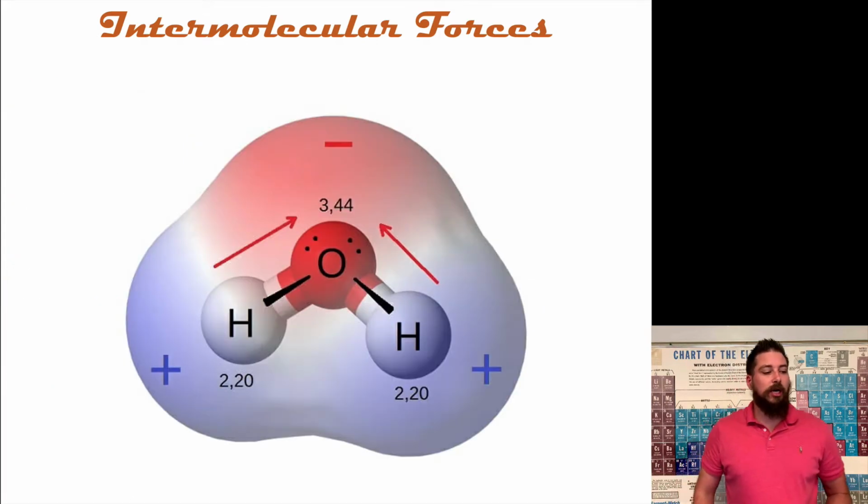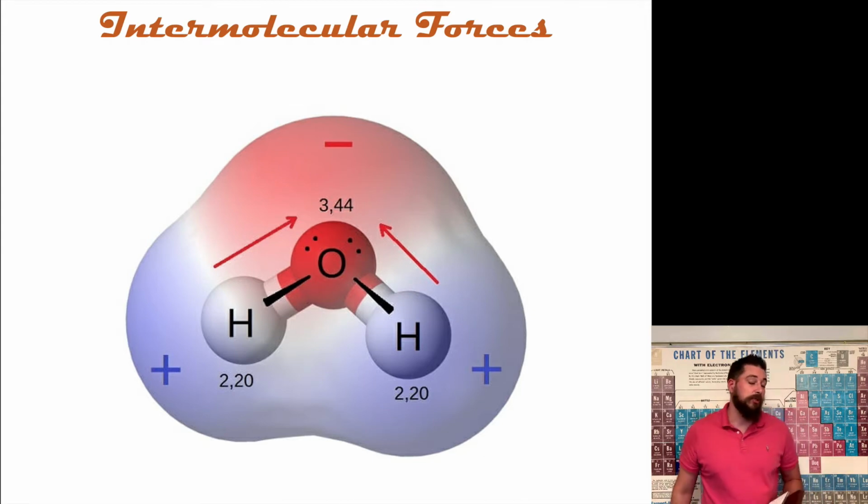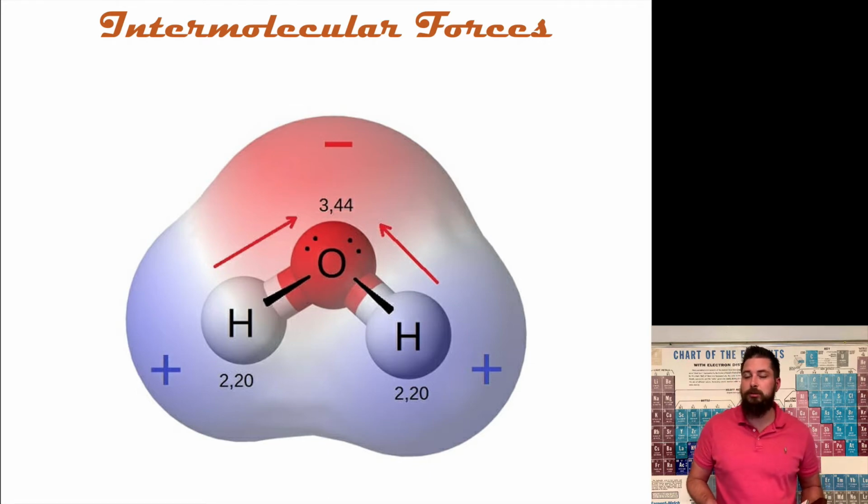If you take a look, this is an example of a polar molecule. This is a water molecule, and notice how the electronegativities are written on there. The hydrogen is 2.2, the oxygen is 3.44. That's a difference of 1.2, which is greater than the 0.4 difference that you need to have a polar bond. And so you'll see that there are two polar bonds.